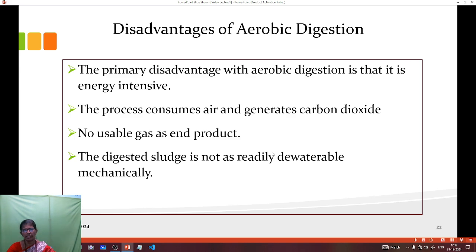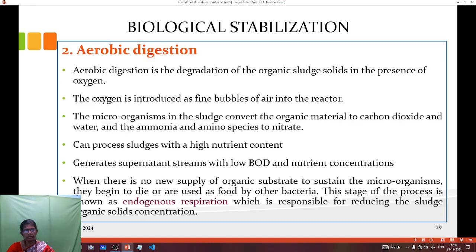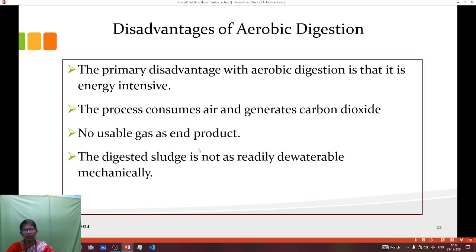The primary disadvantage of aerobic digestion is that it requires energy. It is highly energy intensive, it consumes air, and it generates carbon dioxide which will be released into the atmosphere, and there is no usable end product like methane.